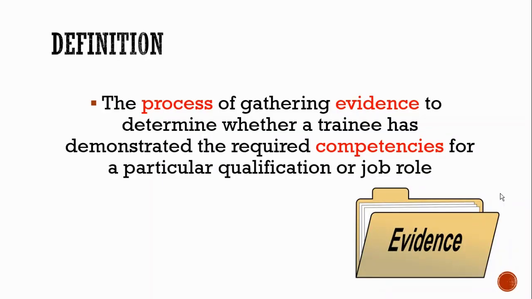So how are you able to identify that evidence? We'll be looking at evidence and how you're able to collect it using different methods of assessment. At this point, it's good to understand that assessment is a process of gathering evidence, and that will tell us if a trainee is competent or not competent for a particular job or title.